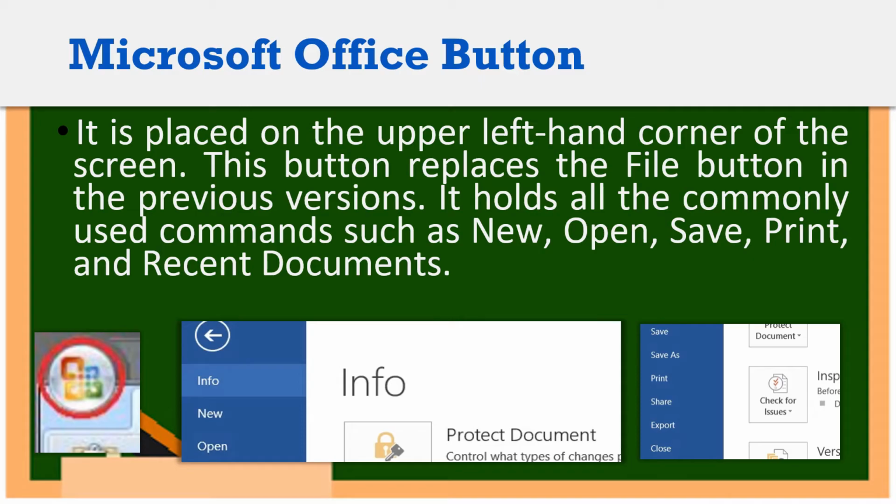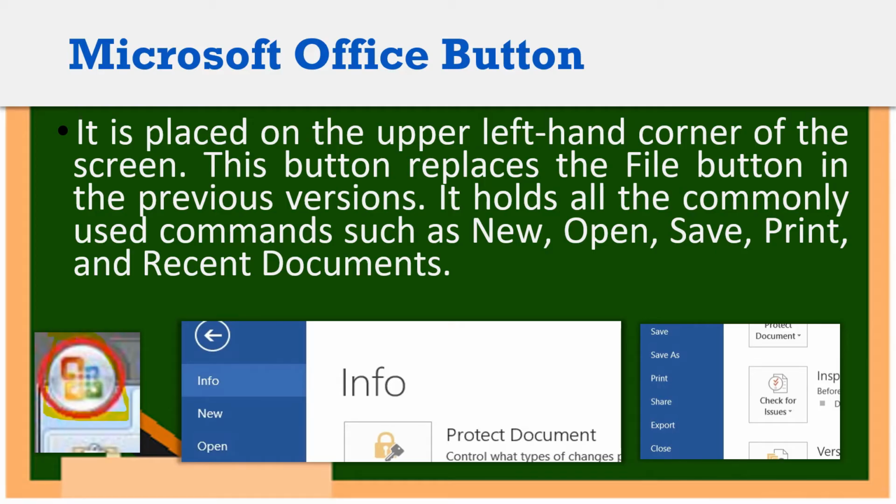Microsoft Office button. This is available in the older version of Microsoft Word, but now it was replaced by the File tab. So you can still see this if you are using the older version.